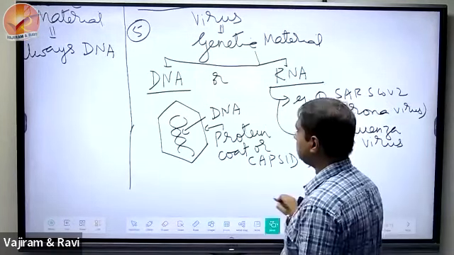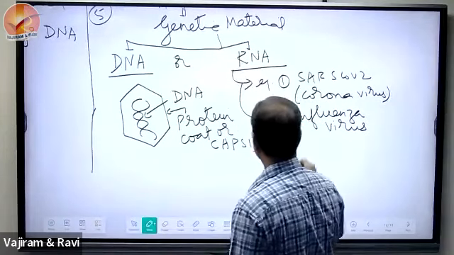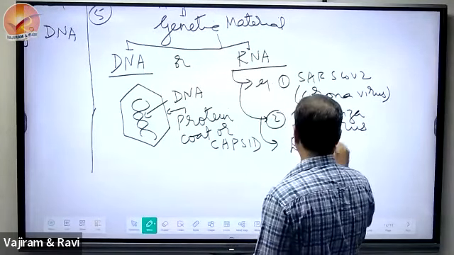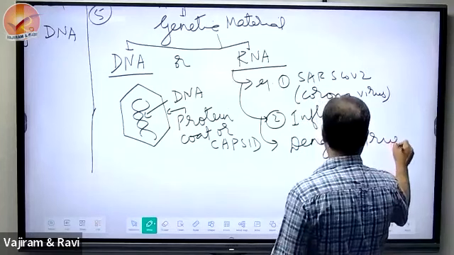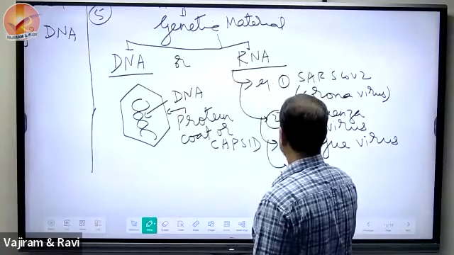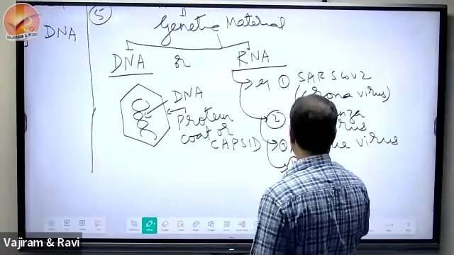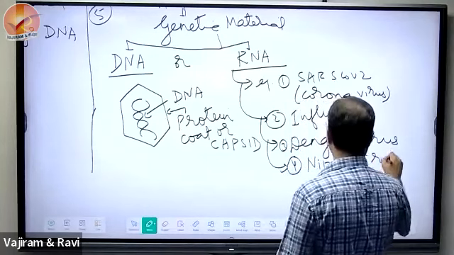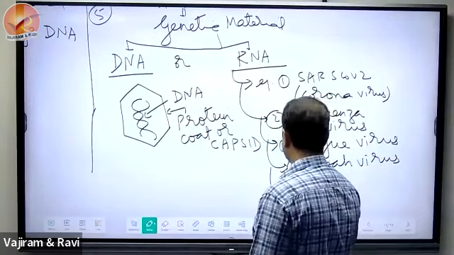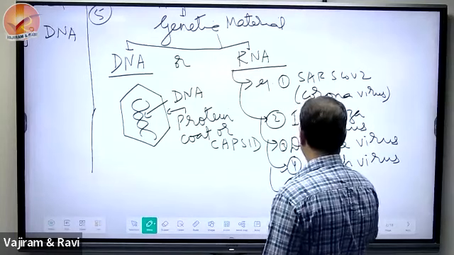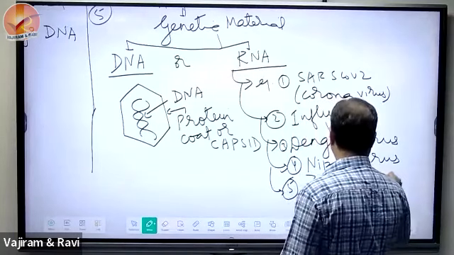Third example, dengue virus. Fourth, Nipah virus. Fifth, Zika virus.